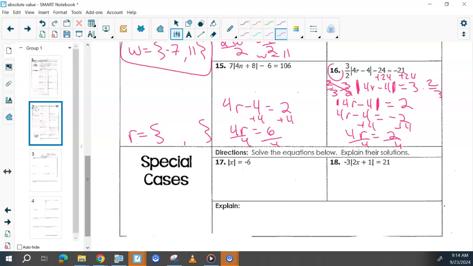What would those two fractions be? 1/2 or 0.5. It's a nice decimal, so you could put either or.